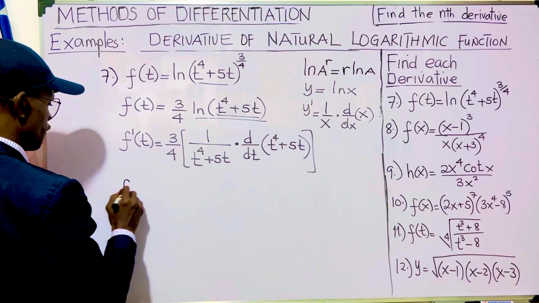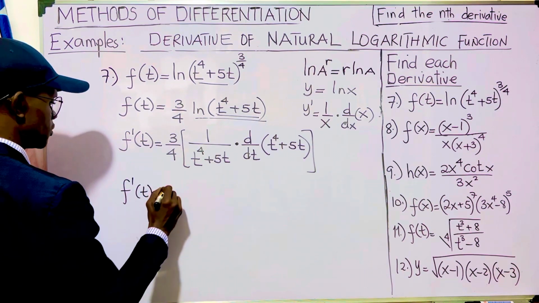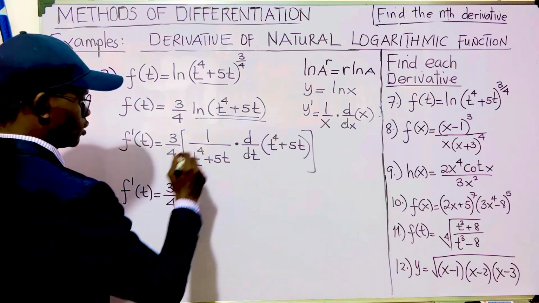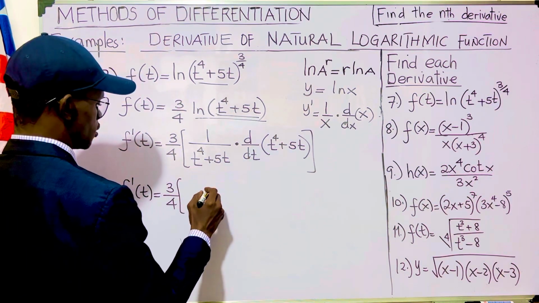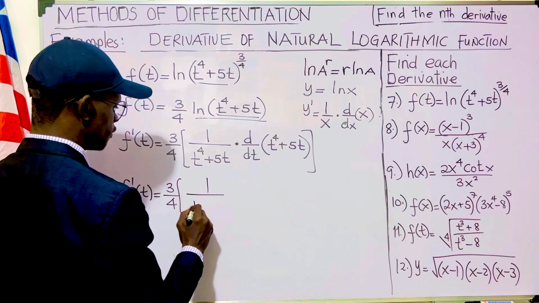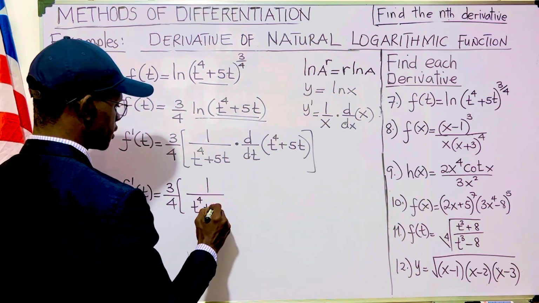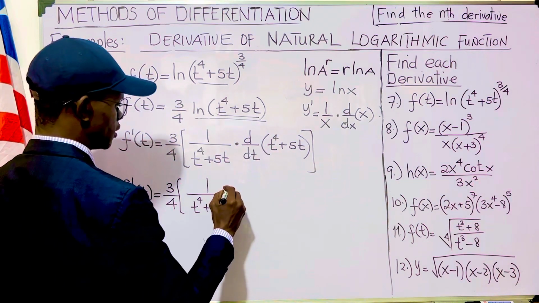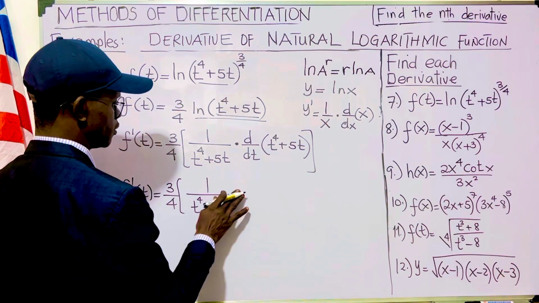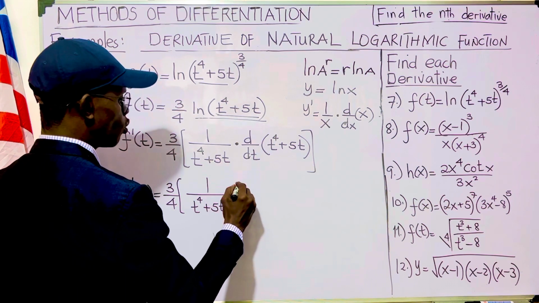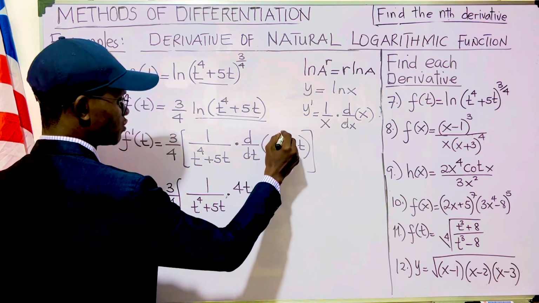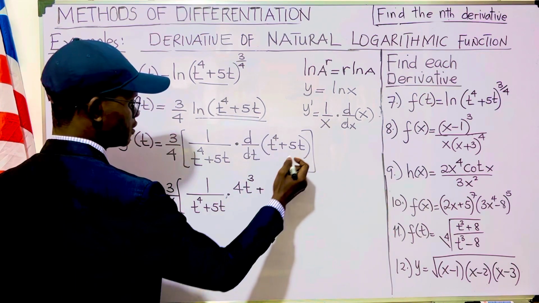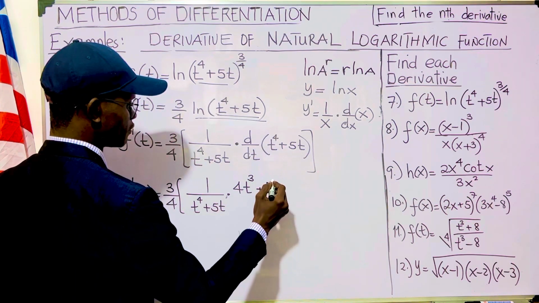So now we have f prime of t is equal to 3 over 4 times 1 over t to the 4th power plus 5t. So what's the derivative of this? We just have 4t, bring this 4 down, subtract 1 from this power, raised to the 3rd power, plus the derivative of 5t, which we told you in a previous lesson is just equal to 5.